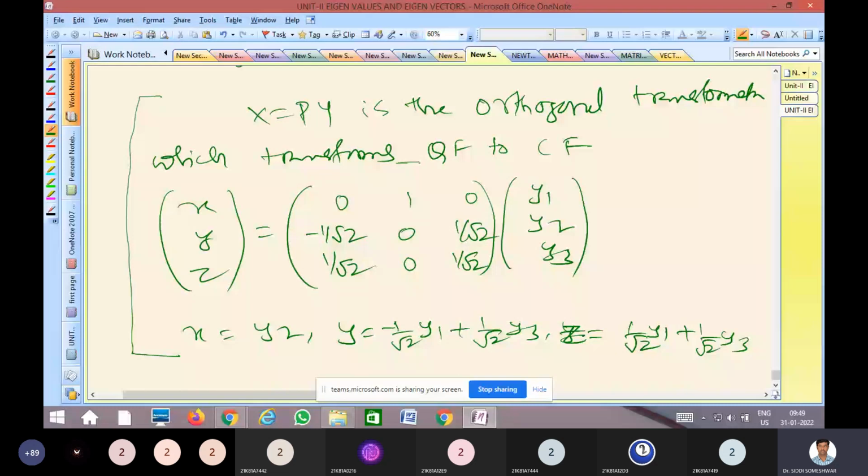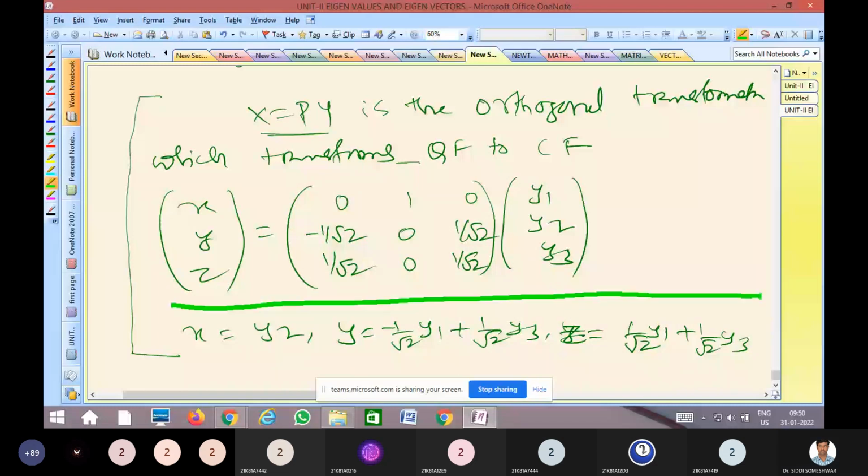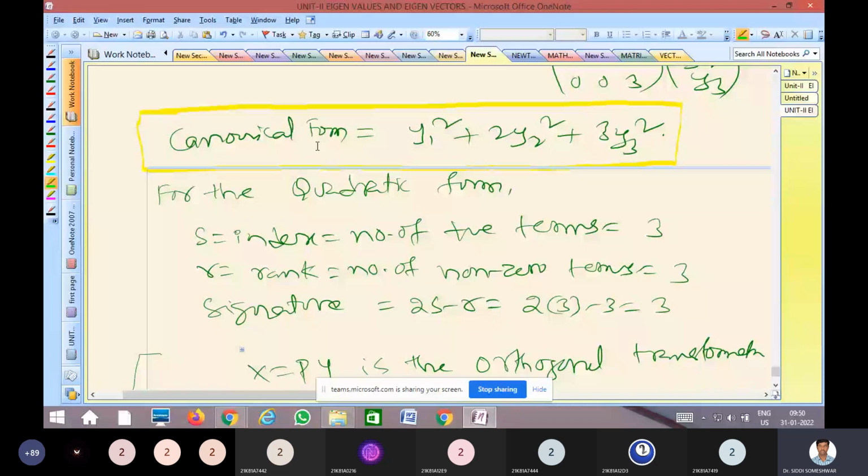You can see the transformation values of x, y, z are these values. Okay, so I hope this is clear for all of you. So by using this orthogonal transformation, we are reducing the quadratic form to canonical form.